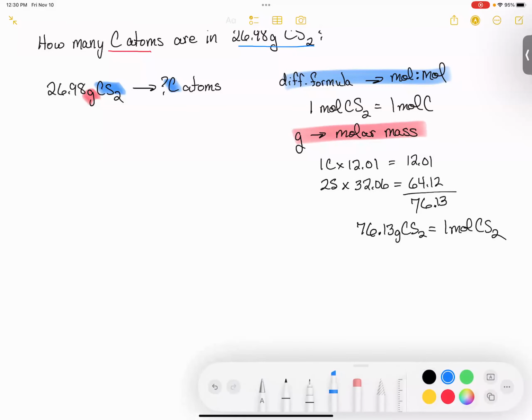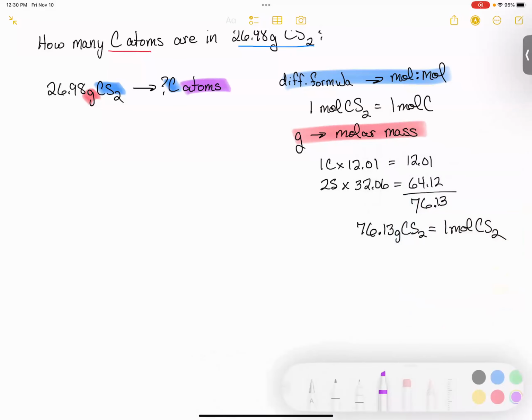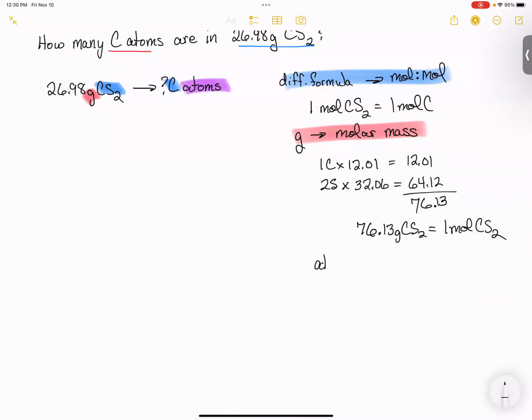The last thing I note is that I have atoms, and what is the conversion factor if I see the term atoms? Avogadro's number, which is 6.022 times 10 to the 23rd of anything.